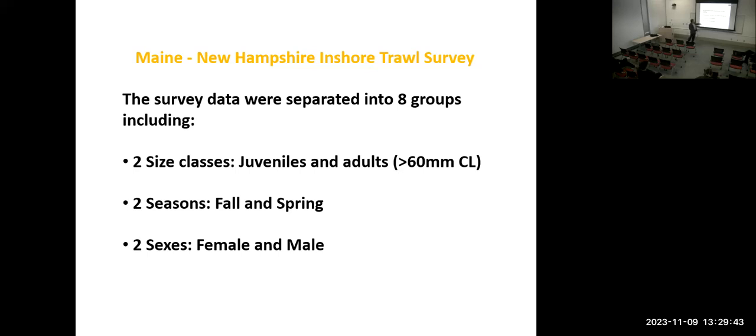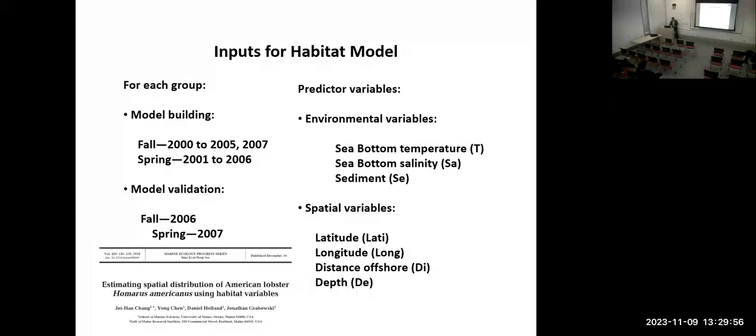The different seasons also have different preferences, and the different sexes, female and male, are also different. So we have to separate them and consider all those factors when we model their habitat. We listed all the data we have and identified key environmental and spatial variables that may influence their distributions, and included them in the model.